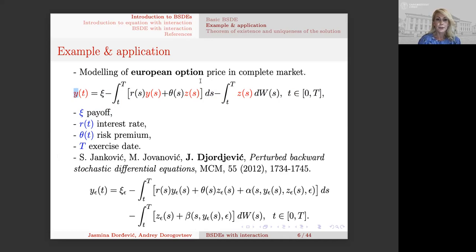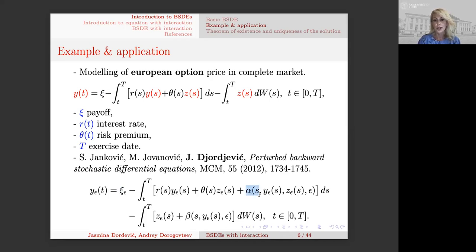But as the price of an option is under continuous effect from the market, it is more natural to observe some kind of perturbation of this equation in order to describe its price better in accordance with the state of the market. So we have observed the problem when the payoff price is perturbed, as well as the drift and diffusion coefficient.